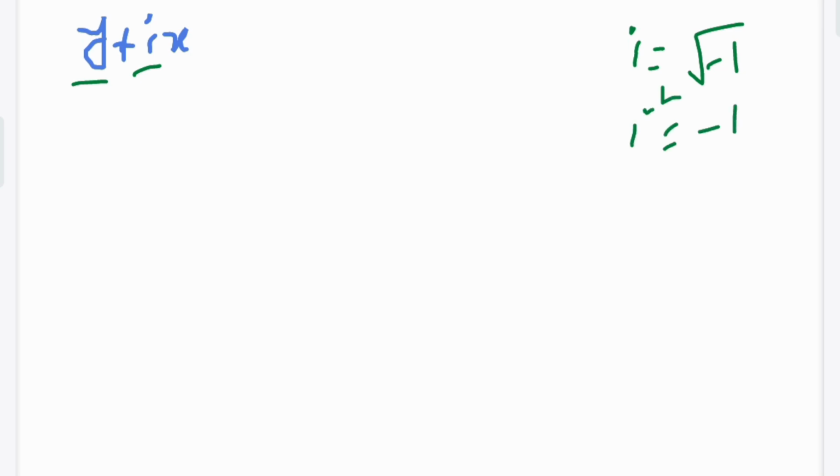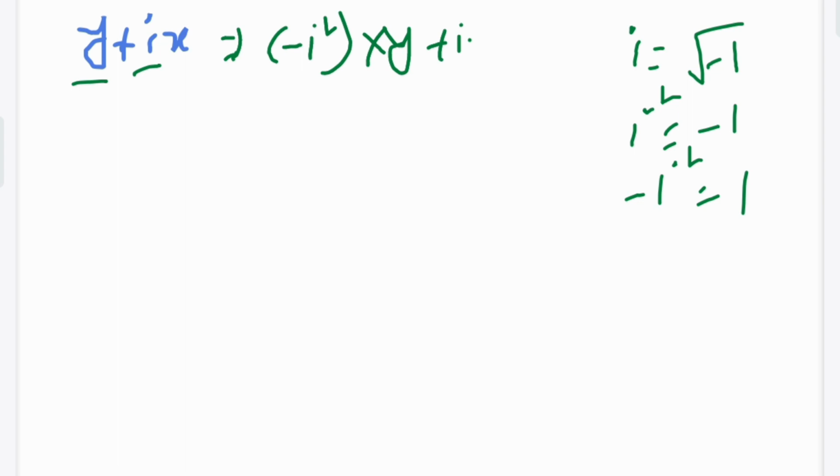So y plus ix, whenever you have something like this and you want this i to be associated with y, what you can do is simply, you know that I already told you that i is root over minus 1. So i square equal to minus 1, so simply minus i square equal to 1. So we can write here minus i square, that is 1 into y, we can definitely write it, plus ix.